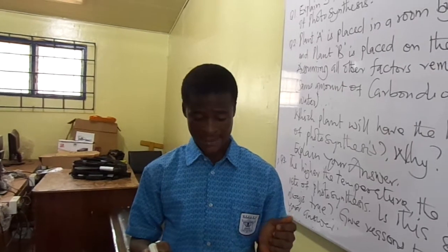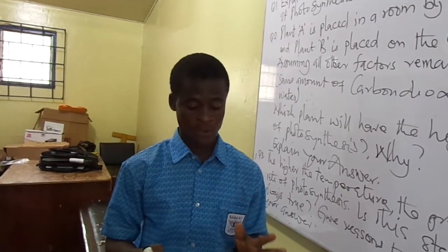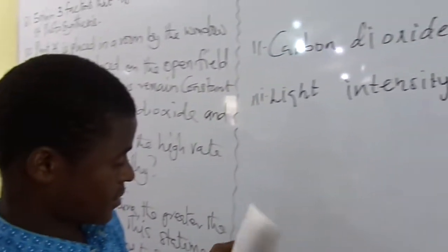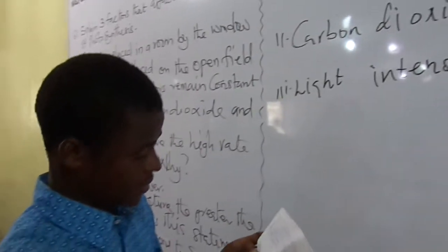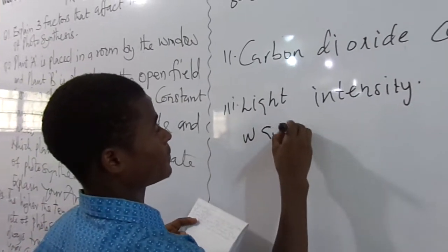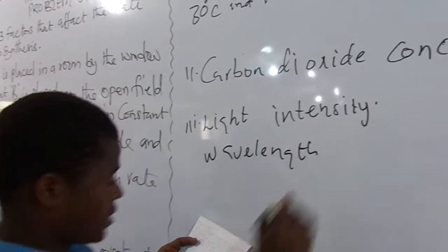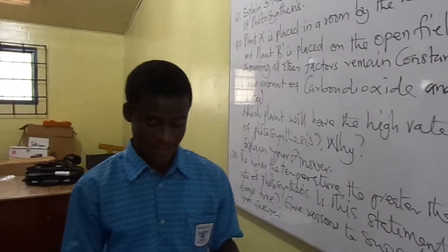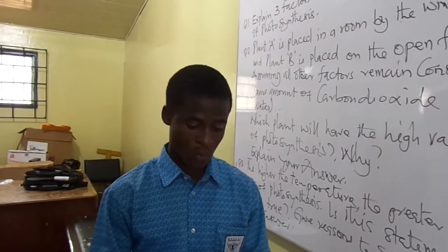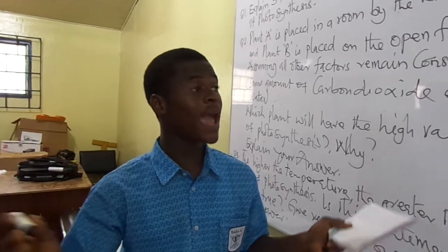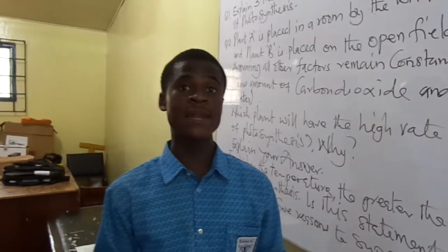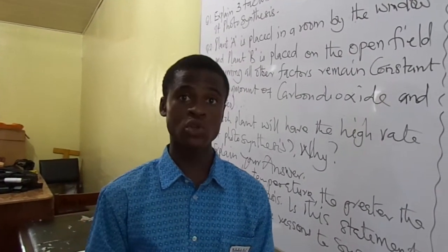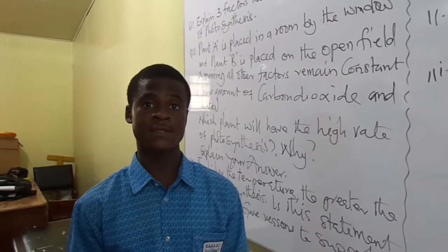The quality of light, that is the wavelengths that are absorbed, also determines the rate at which the process will go. But at very high light intensities, this tends to bleach the chlorophyll in the leaves, causing the leaf not to be able to absorb sunlight for photosynthesis.